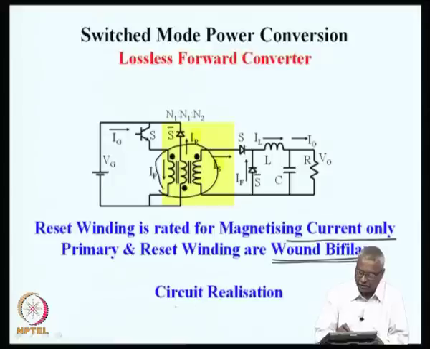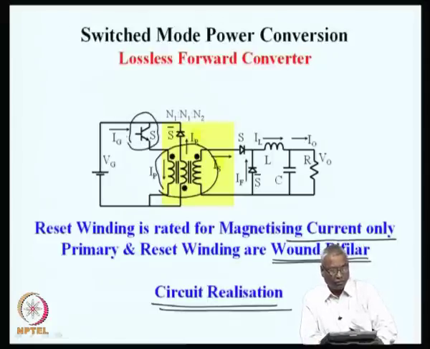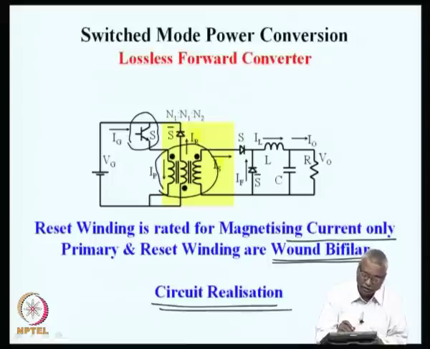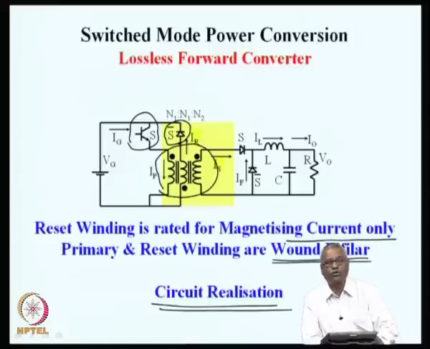The circuit realization of this S and S bar is done by a transistor, MOSFET or a bipolar transistor. S bar is realized simply by a diode, because the stored energy in the inductor will force the current through the reset winding and through the diode, and this current has to flow only till the current reaches 0.